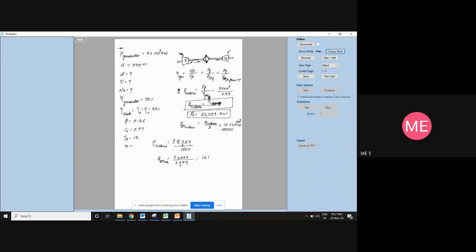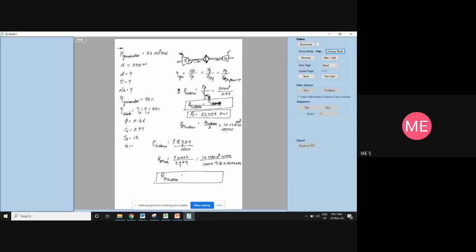P is 16.125 into 10 to the power of 3, into 1000, divided by 1000 into 9.81 into H, which is 300. The efficiency of the turbine is 0.85. So can you tell how much it is? What is the Q from one turbine?